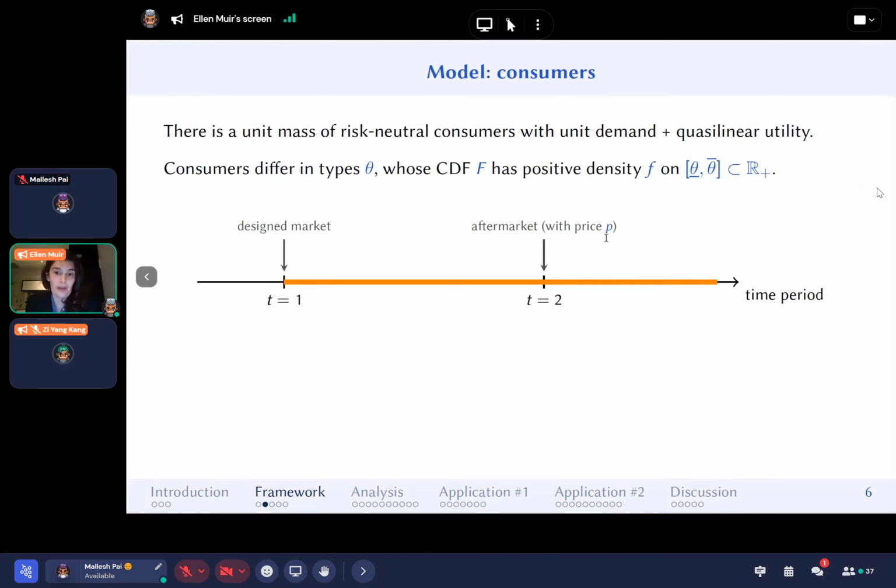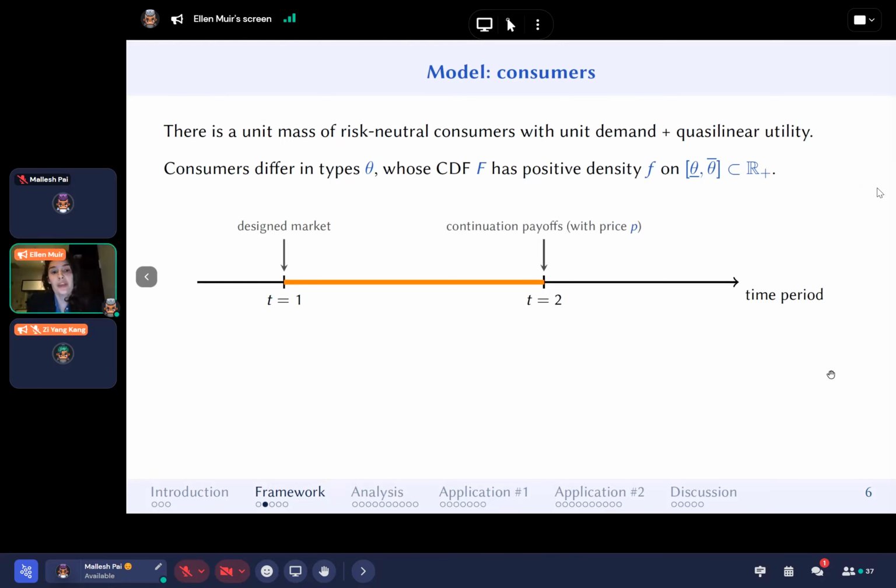Just to fix ideas, we could think of the primary market as a monopoly seller, and we could think of the aftermarket as a resale market. Maybe we could have something like a perfectly competitive resale market, in which case this price p would simply be the equilibrium price in the perfectly competitive resale market that then operates after the realization of the primary market allocation.